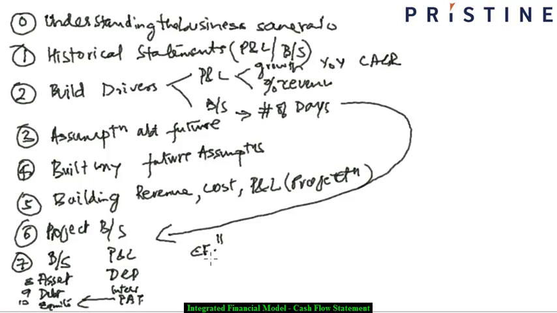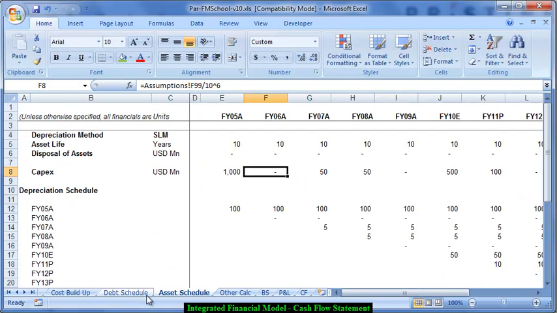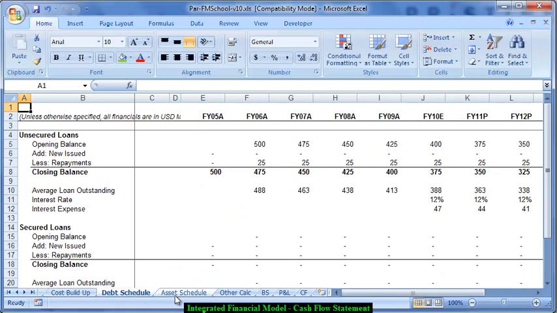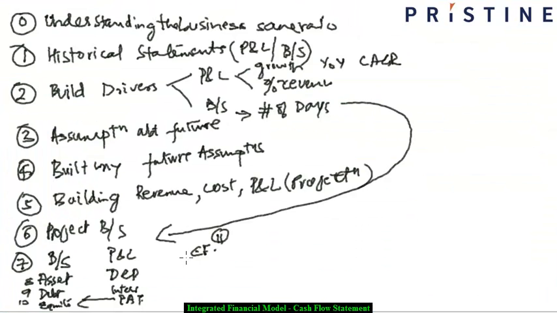Then as a step 11, I built the cash flow statement, complete cash flow statement. So if you remember, this is my equity schedule, this is the debt schedule, this is the asset schedule, and this is the debt schedule that we had. Then we built this cash flow statement in this particular tutorial, and we plugged the cash flow statement to the balance sheet. That's like step 12. Out here, my balance sheet is balanced.